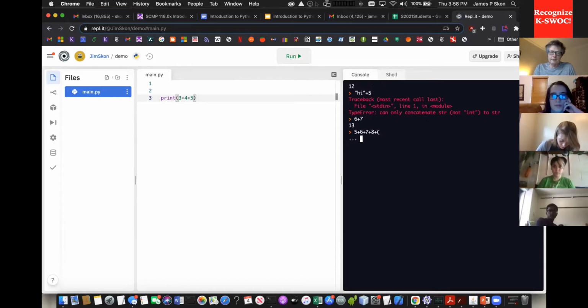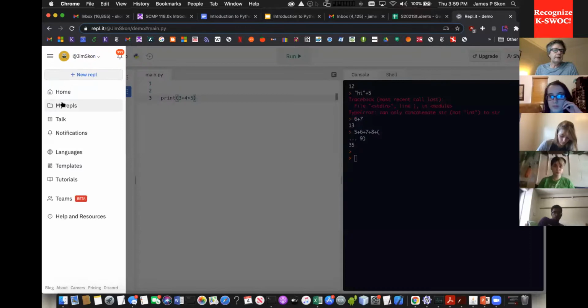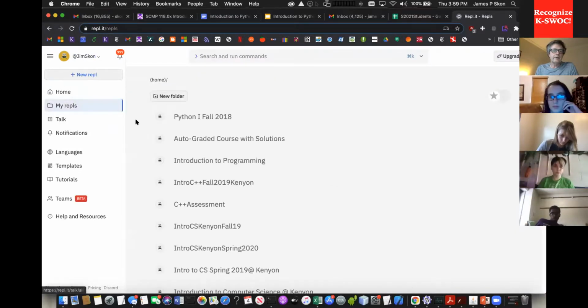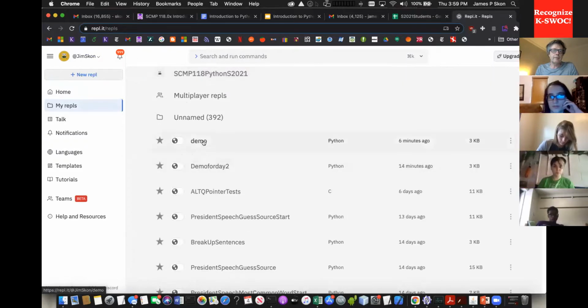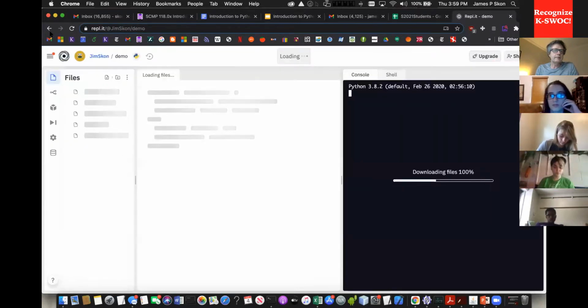Whoops. No, I accidentally put a parenthesis in there, so I had to put it in parentheses. But yes, it worked. Okay, so feel free to play around with this all you want. And after you leave, when you come back in, you can always go to My REPLs and you can see the work that you've been doing. Like here's demo, I can go back to there.